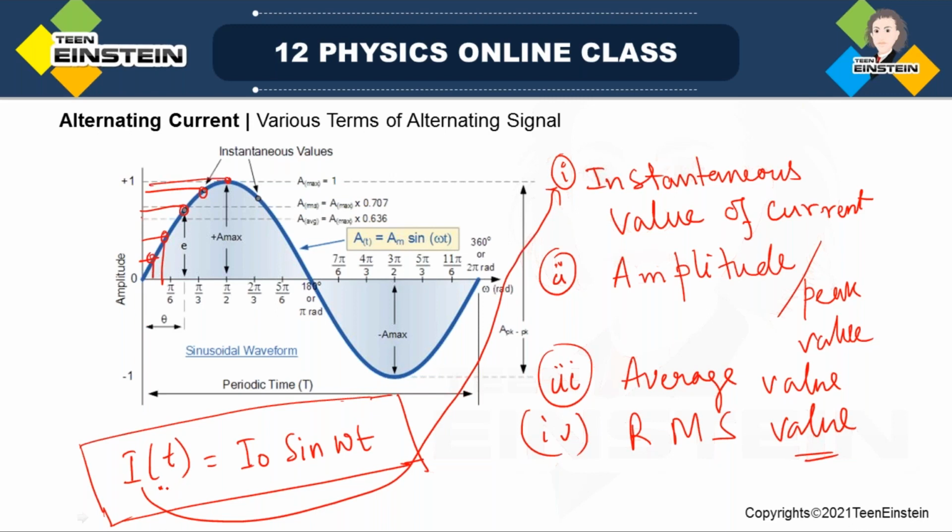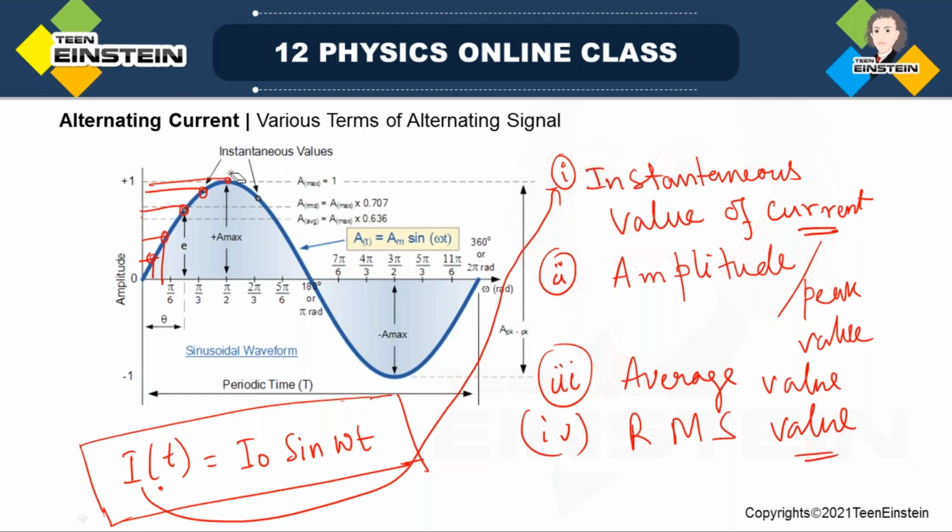So this I of t on the left hand side is telling you the instantaneous value of current. That means this equation gives you the value of current at any time you would like to know. So this is the instantaneous value of the current.